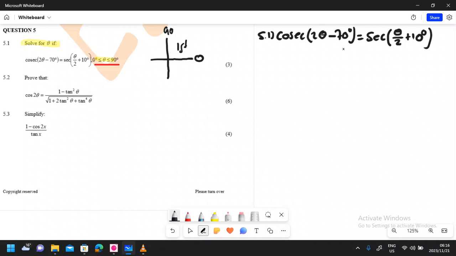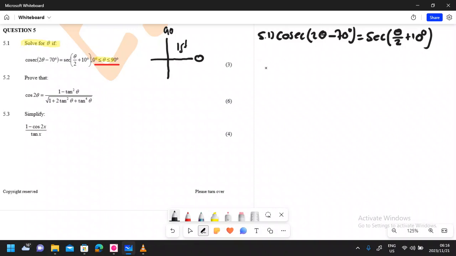So we must change one of them to be like the other. You can choose to change cosec, or you can choose to change sec. Remember, all of this inside the bracket is just an angle. I prefer to change cosec, but you can also change sec. It's fine.